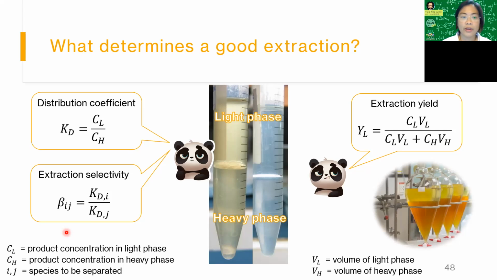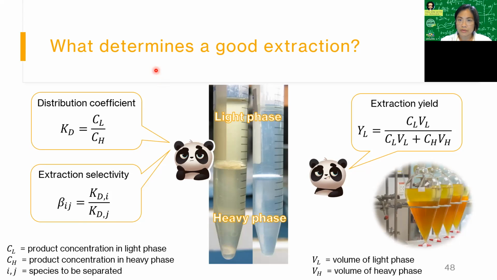I'm going to go through it a little bit. If you see the pictures here, they are a little bit clearer. The heavy phase is down the bottom, the light phase is up the top, and this is a typical extraction where you will see the two distinct phases. This one is a little bit more distinct than the first picture, but you can still see a third phase forming here. So that could happen.